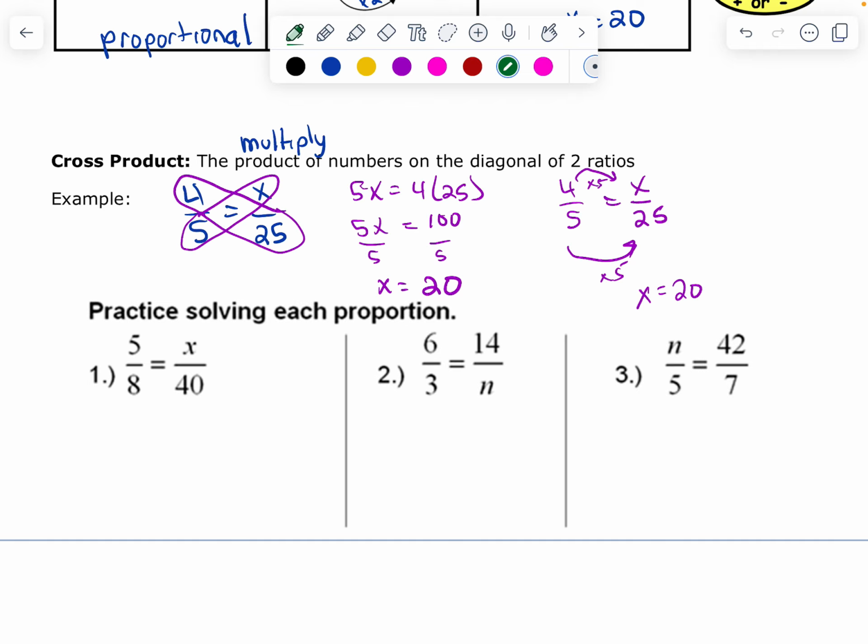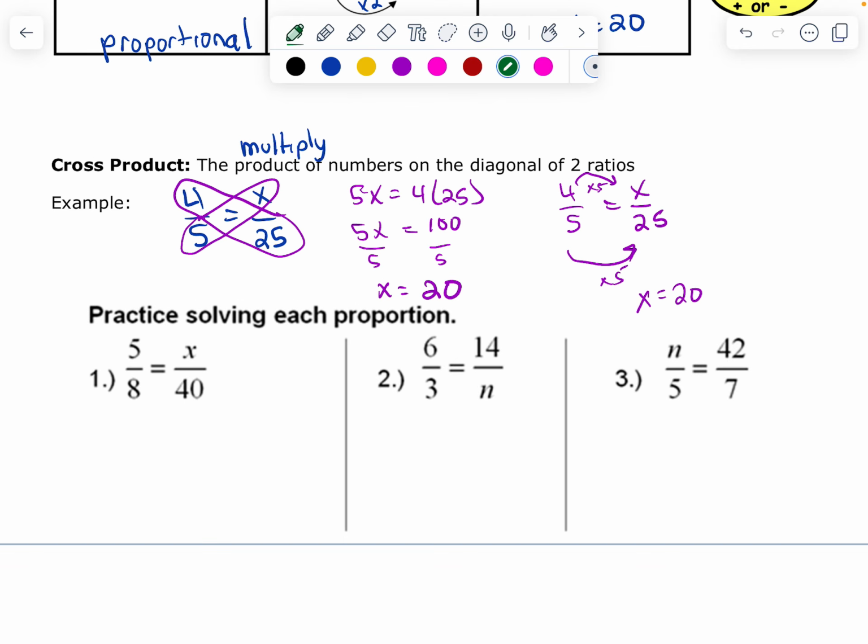Another example could be n over 5 equals 42 and 7. And I can realize that this is times 6, and this is times 6, so n is 30.